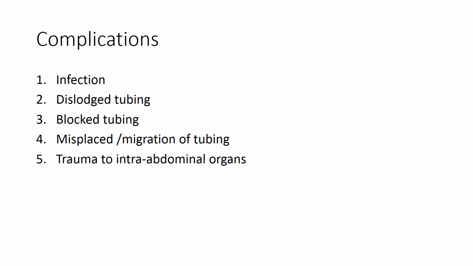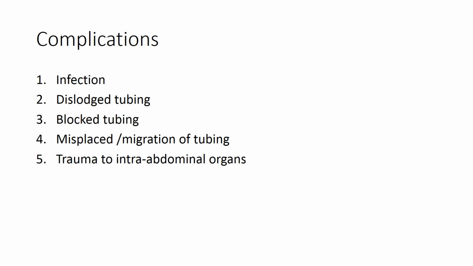So the topmost thing is infection. You look at the effluent, checking to see whether it's becoming cloudy, whether the patient is developing fever, abdominal discomfort, or diarrhea. As you know, those are the signs of PD-associated peritonitis. The second thing, as I said earlier, is the tube dislodging. We're dealing with children.